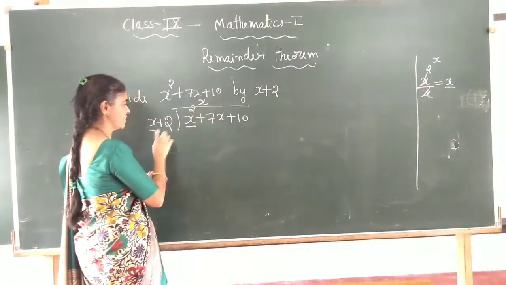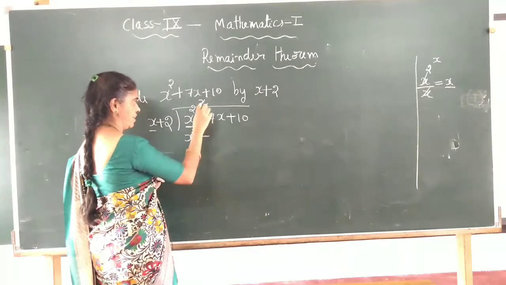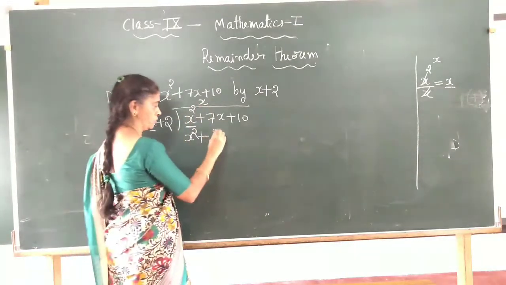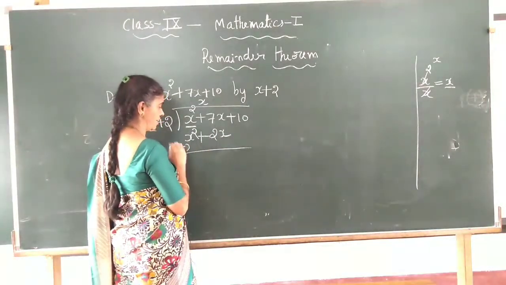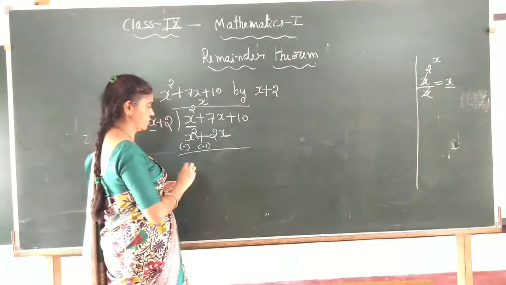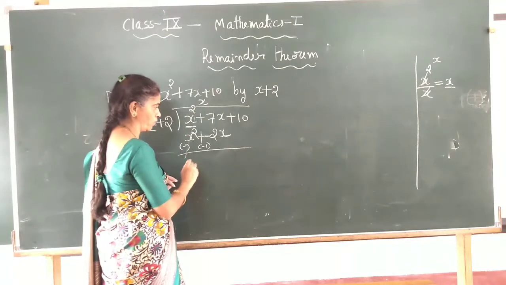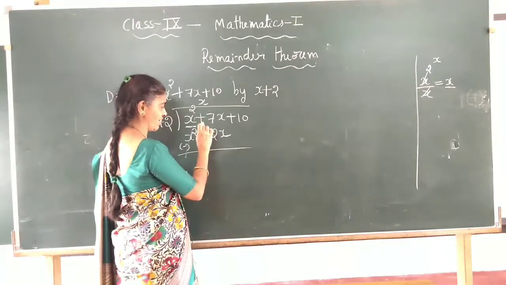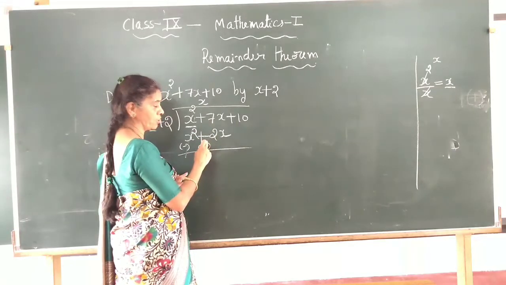So x into x, x square, plus x into 2, 2x. Subtract, change its sign, plus will become minus. x square minus x square cancels. It is plus 7x minus 2x. Different signs means you have to find the difference.